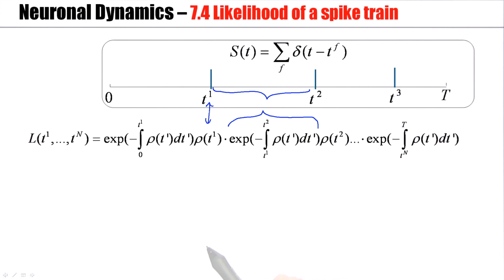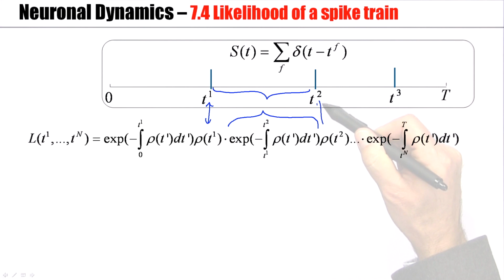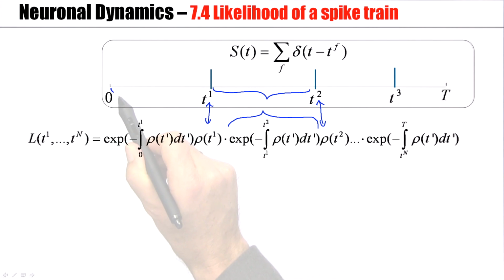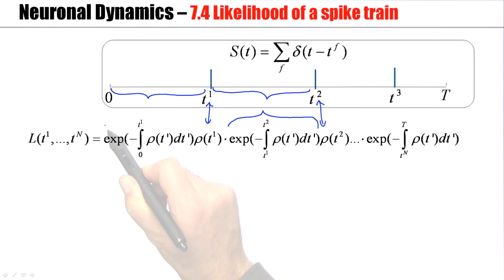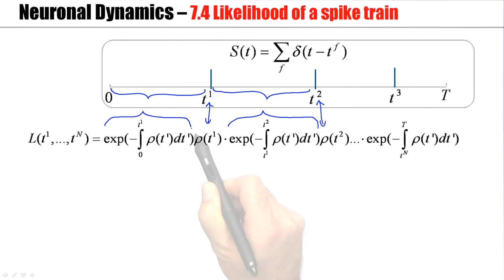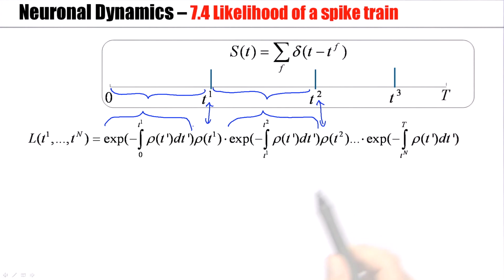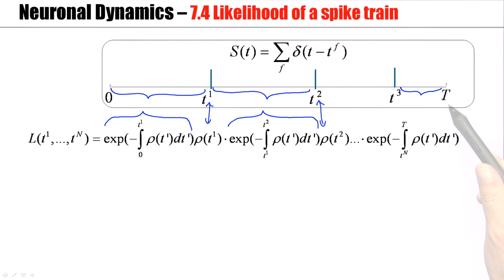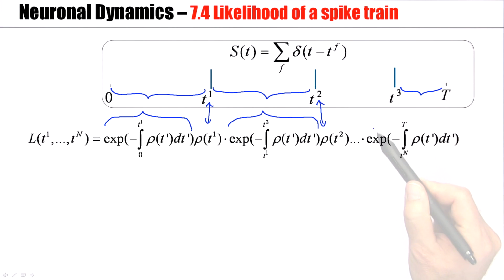But before that, the neuron model had to fire at time T1, has to fire again at time T2, has to fire again at time T3. T1 is supposed to be the first spike, so the neuron model has to survive from 0 to T1 without firing, and again it has to survive from T3 to the end of the measurement period, capital T, which gives the final term over here.